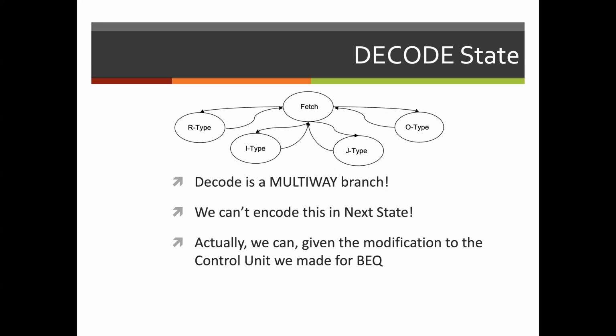So once we know the goals of the instructions, then we can put that part of the microprogram and implement it for this particular instruction. So decode is going to act as a multi-way branch, and it's going to be based off of the available opcode.